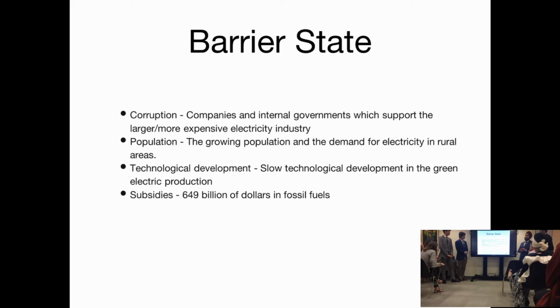Population: the growing population and the demand for energy and electricity in rural areas. Technological development: slow technological development in green electricity production that could reduce carbon emissions in the air significantly. And another one is subsidies, with $649 billion spent on fossil fuels.